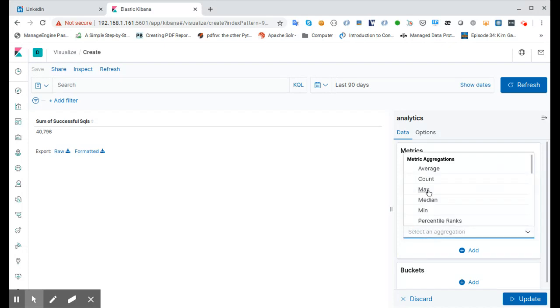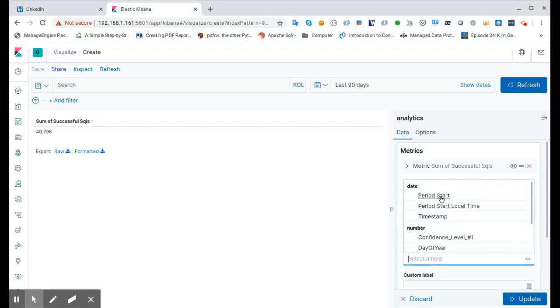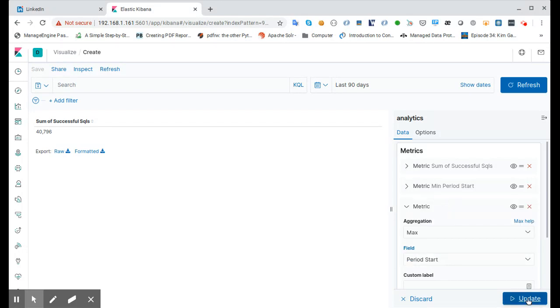Then we know when it started at the earliest and when it ended. So now we know that 40,796 SQL or commands got executed between this time and this time.